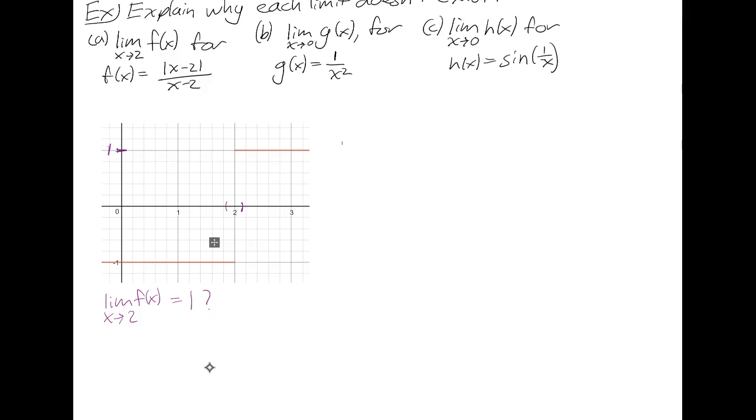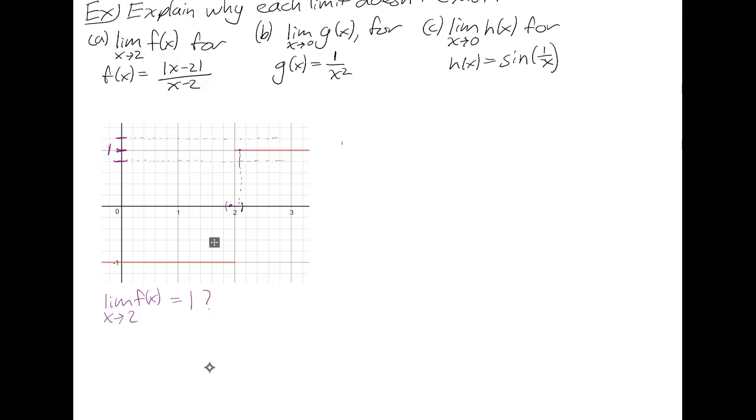So as close as you want, what if I want to get like within 0.2? So here's 0.8 and here's 1.1. So there needs to be a way to guarantee that for all of the values of x in this little interval, you only get things close to 1, between like 1.2 and 0.8.